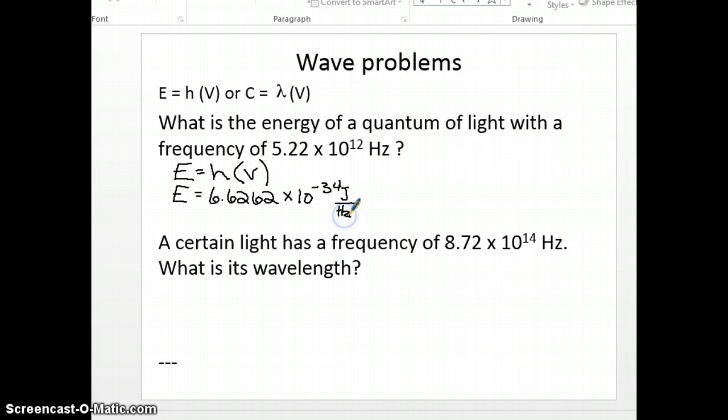There were two different labels for that, but I'm going to use the joules per hertz because I have a frequency in hertz. And if I look, this is like hertz over 1. That cancels with that, so I'm left with joules, and joules is a form of energy.